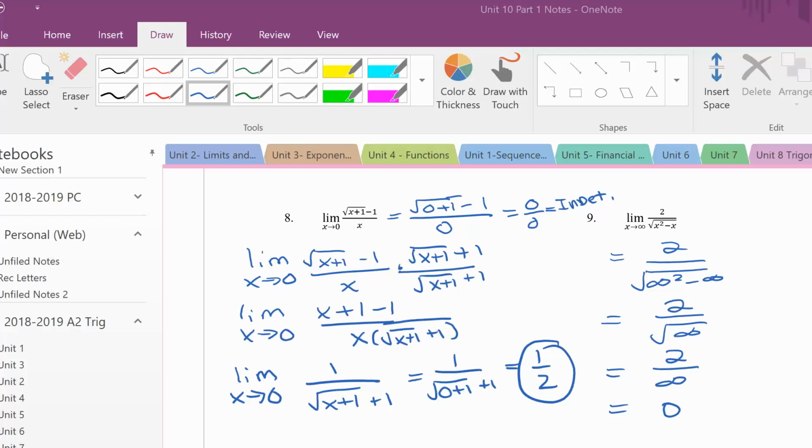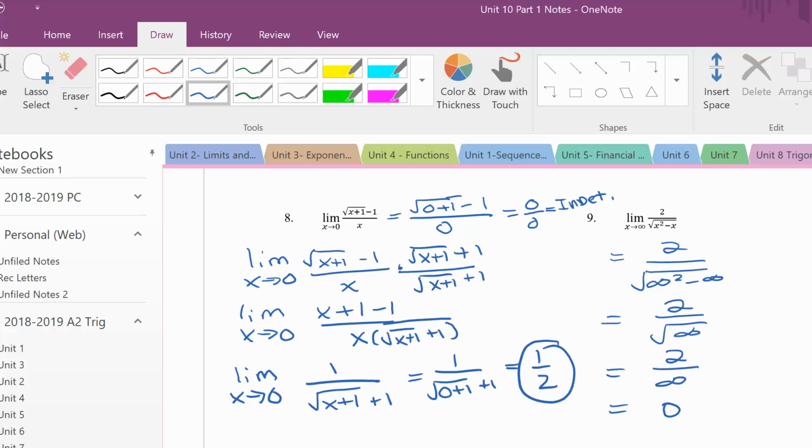1/2. For number 9, when you substitute in the infinity, you actually get an answer, because infinity squared minus infinity is still infinite, and the square root of infinity is infinity. So 2 over infinity is 0, because remember, as this number gets bigger, the fraction would go to 0.